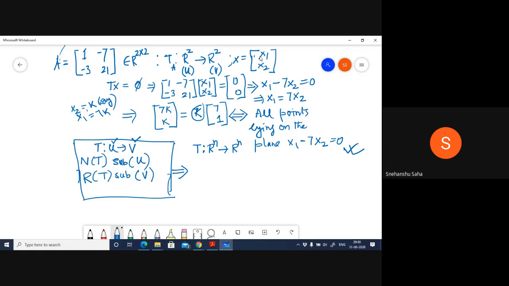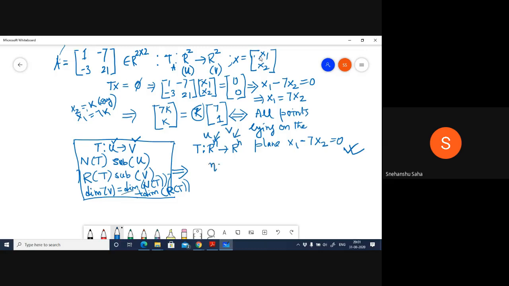The implication in matrix algebra is that there is a fundamental theorem which says that the dimension of V is nothing but the dimension of null of T plus the dimension of range of T. In the context of matrix algebra, when we are dealing with square matrices, you know that the dimension of V is n.